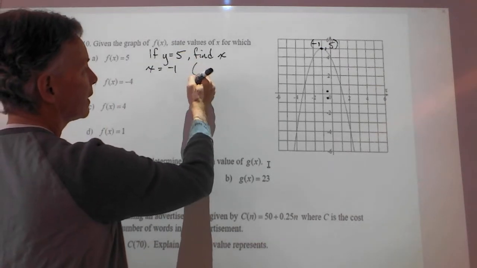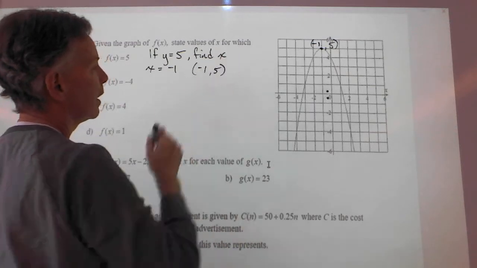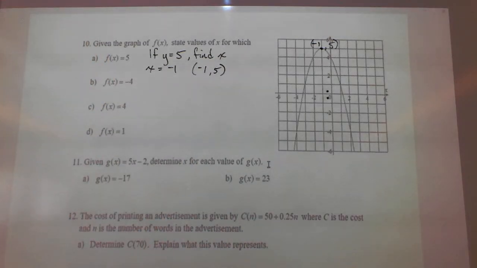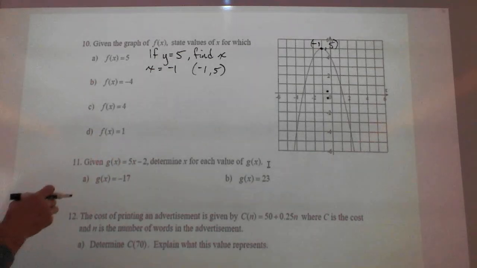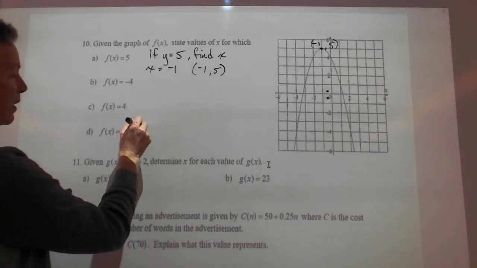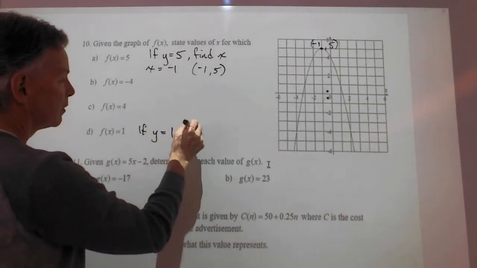And you could write that again as an ordered pair, negative 1 and 5. Sometimes you will get, like with D. Let's do D. Okay? So for D, again, they're saying if y equals 1, find x.